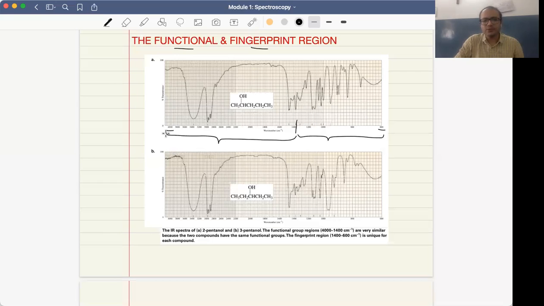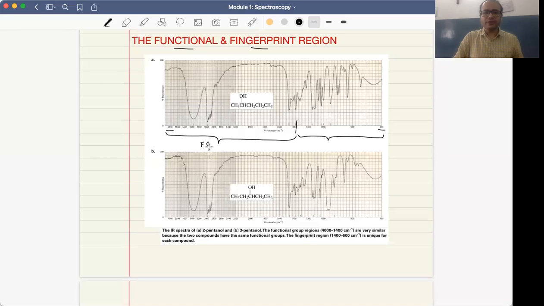And this region from 4,000 centimeter inverse to 1,400 centimeter inverse is given the name of the functional group region. I'm writing it in short because of some internet problems. There is a delay happening in the writing segment. So I'm extremely sorry for this inconvenience.